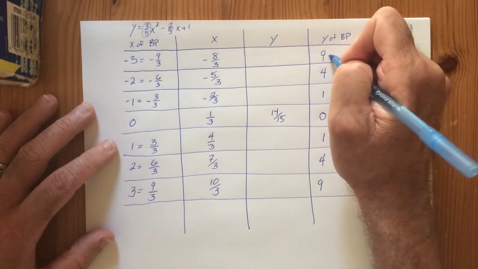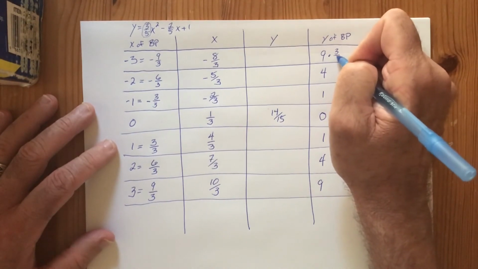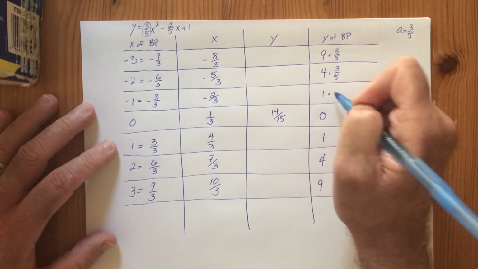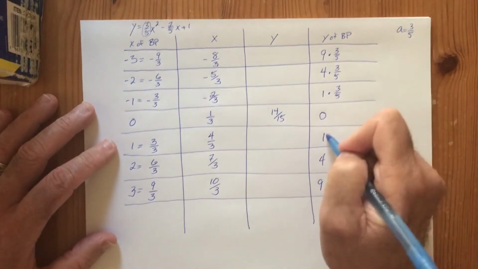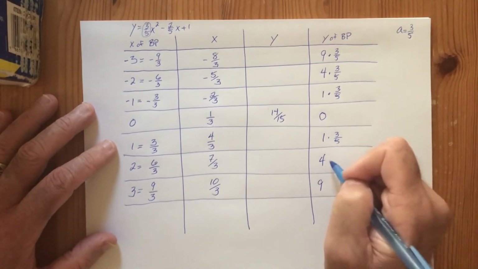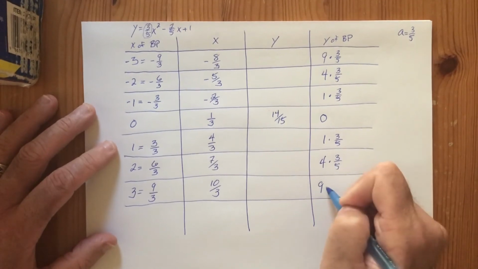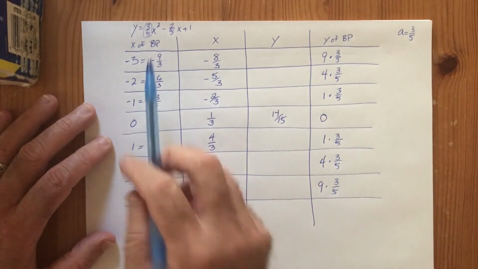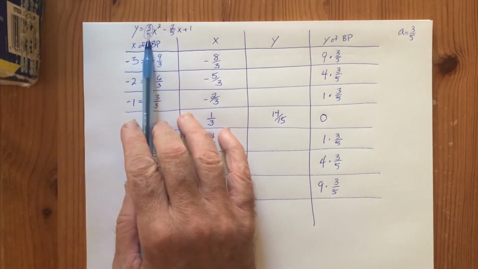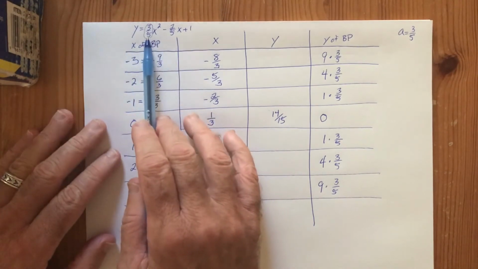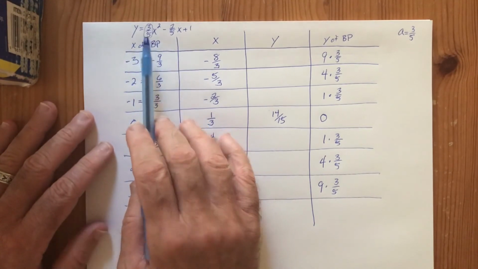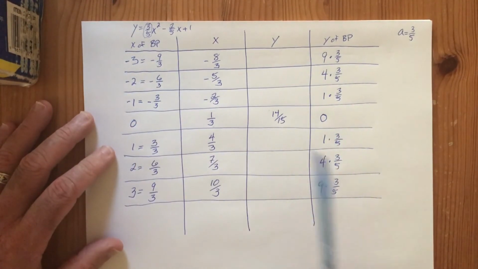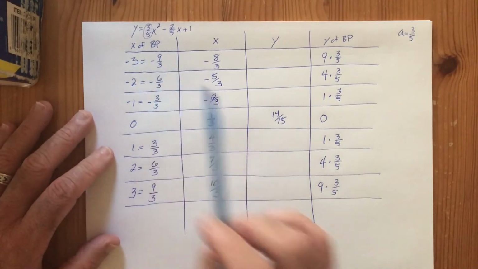So we multiply each one of these by 3/5. We do this to the y-coordinates of the basic parabola anytime the coefficient of the x squared term is not equal to 1 or negative 1. If it were negative 1, we would make all of these values negative.